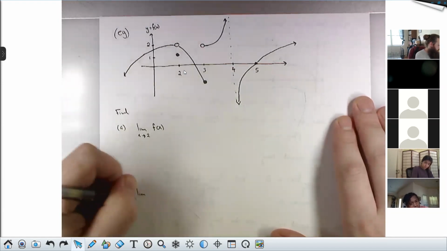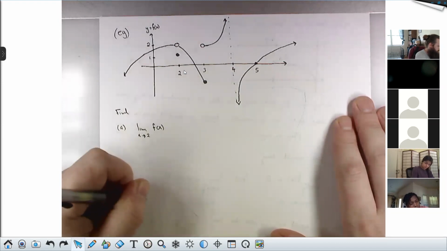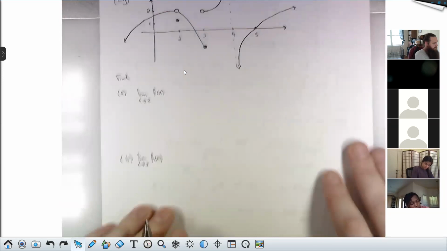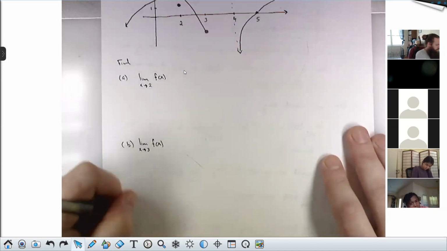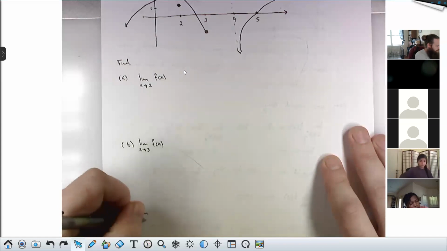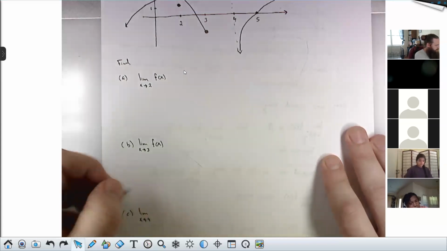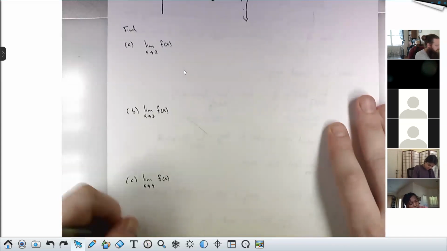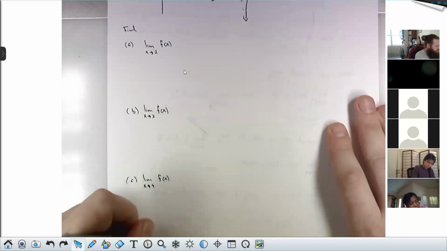The limit as x approaches 3 of f of x. The limit as x approaches 4 of f of x. And then finally the limit as x approaches 5 of f of x.